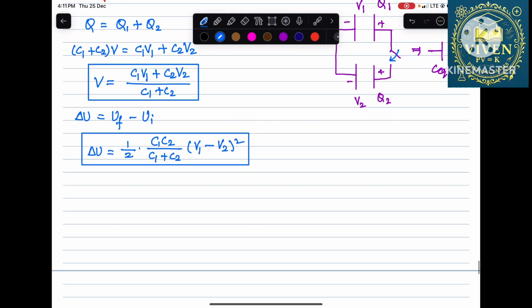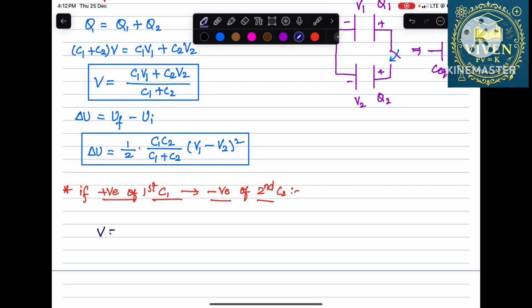And if the connection was made in a different way, the connection was made in this way. If the positive plate of the first capacitor is connected to the negative plate of the second capacitor, then the formulas are going to change.